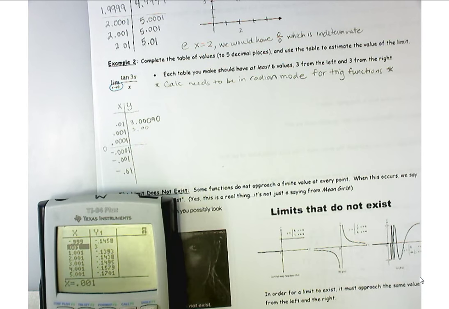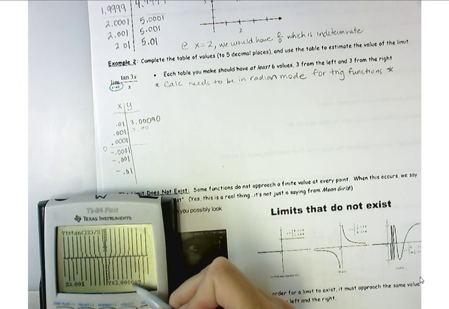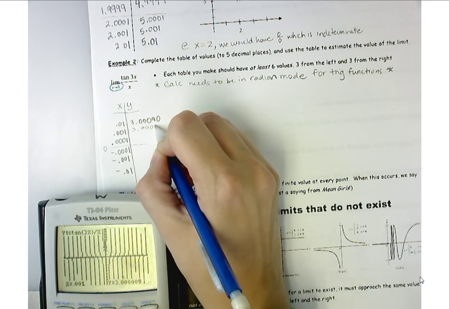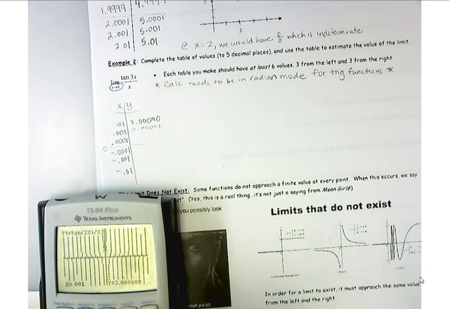I'm going to use my value. Oops, enter. So this would be 1, 2, 3, 4. And on the 5th one, it would round up to a 1.